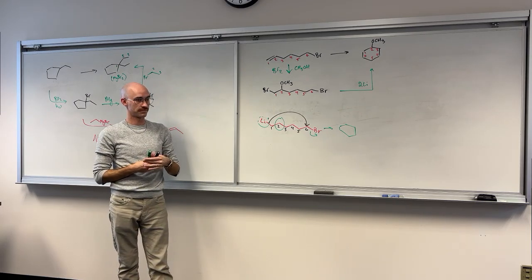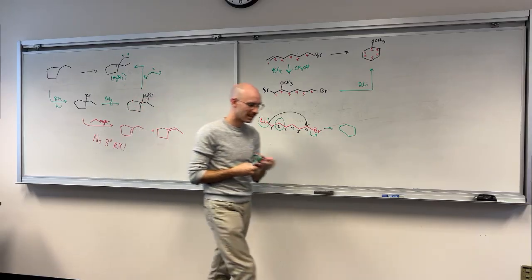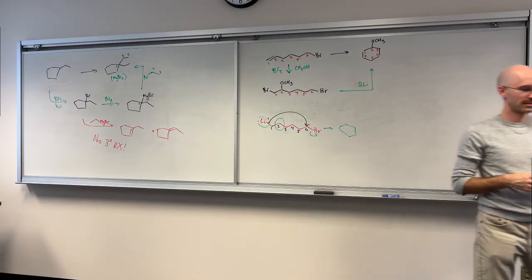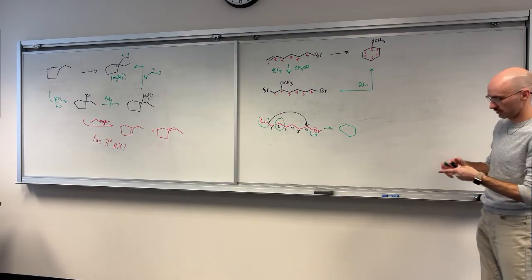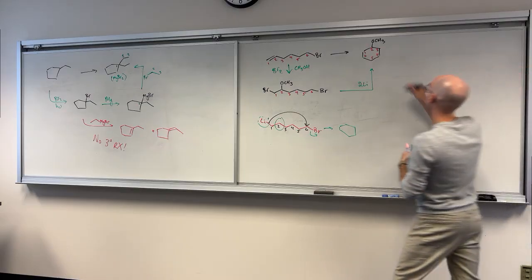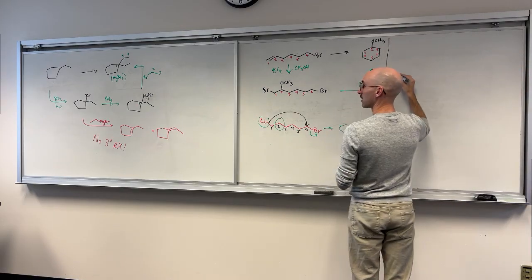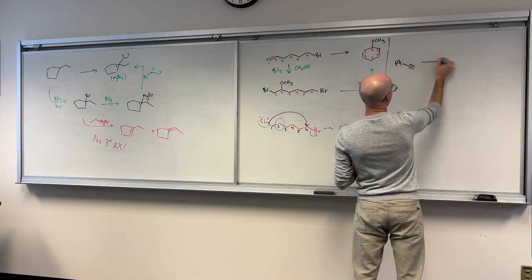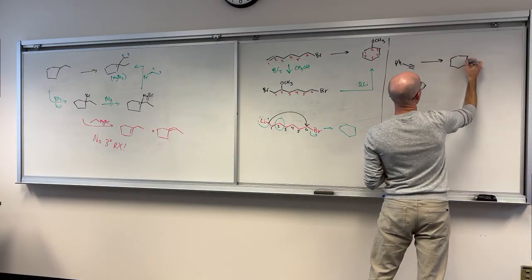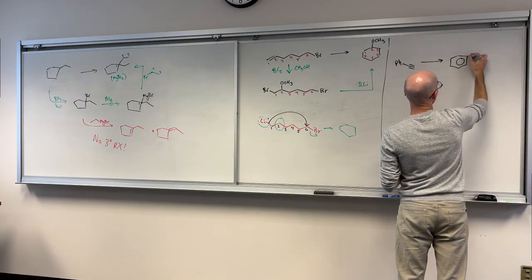So what if you had just hexane, and you had a positive carbocation, and a carbanion? Would they form together? Yeah, good luck creating that. You're not gonna have those two things at the same time, because they can't both exist at the same time.